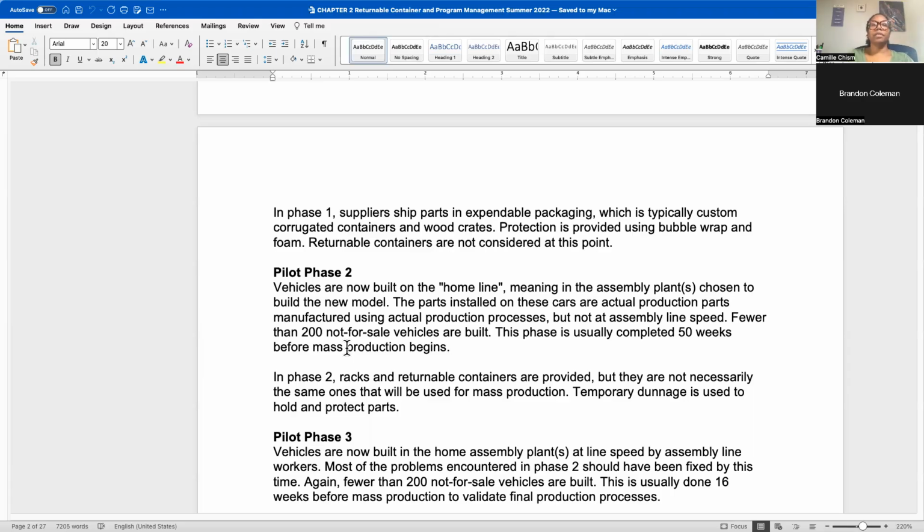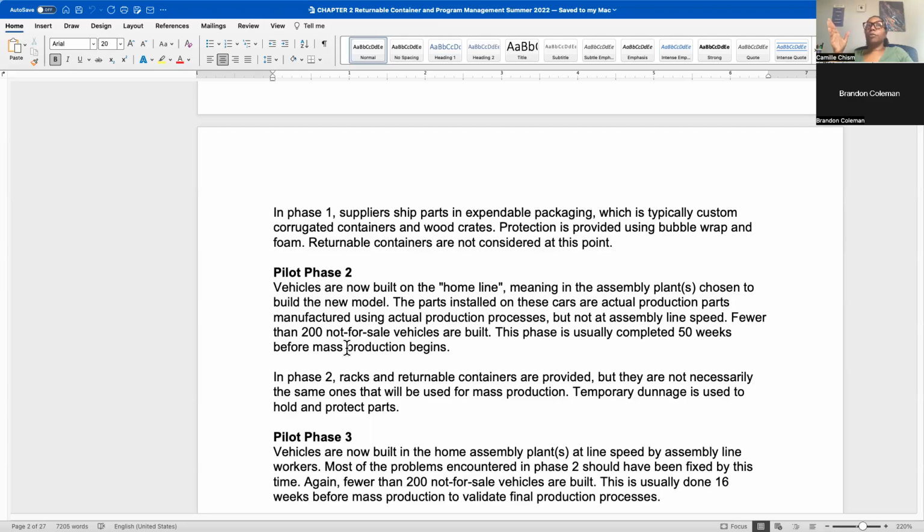So usually these 200 are going somewhere specific. They're not just going to throw them away, but they want to get feedback. I think I've even seen some of them going to auto shows. So these are just some of the things that they look for. They want them to look pristine because they're usually going to be going somewhere to sell. Look at this new vehicle, look what we're going to do, early, hot off the presses, these are the secret vehicles that we want you to see.